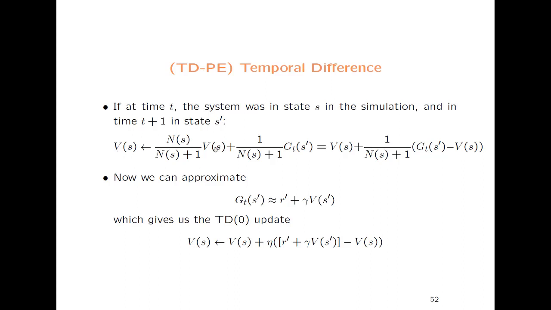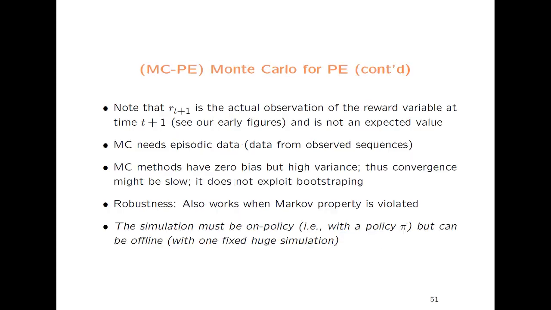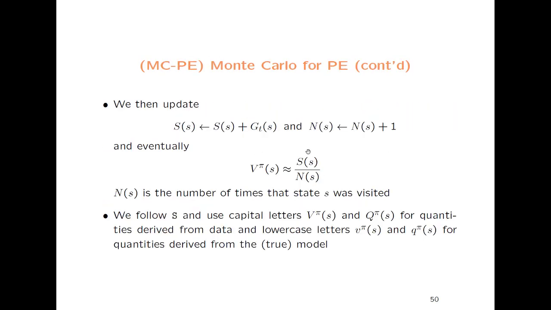This is the previous V(s), and we multiply it by N(s) and divide by N(s) plus 1, so it's a little bit less than 1 here. And the new return at s prime, we also divide by the same number, N(s) plus 1. If you think about this, it's sort of an online version of this algorithm here.